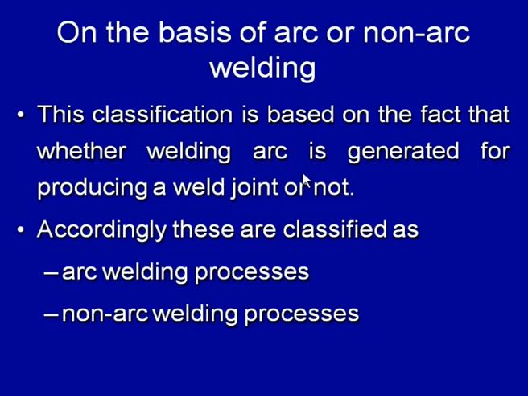While in case of the non-arc welding processes, heat required is either generated through the chemical reactions or through friction, or the joint is made using the mechanical interlocking or developing the pressure for causing the plastic deformation, or through the diffusion or other mechanisms.